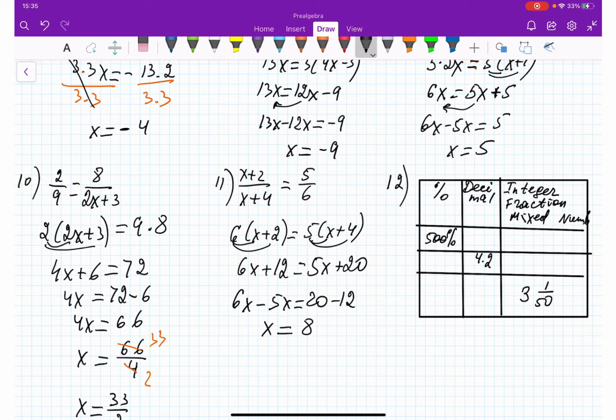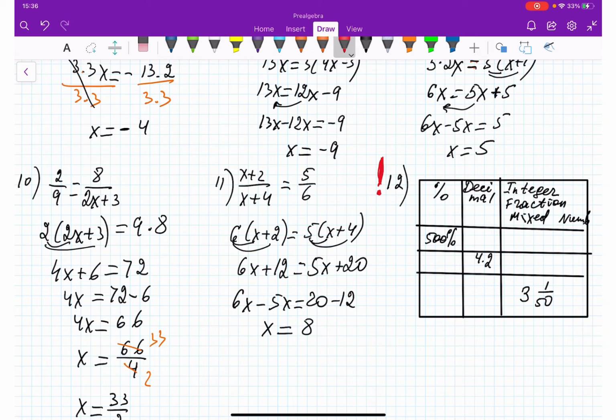Now, this question number 12 is especially important because we are going to use all kinds of conversions. Decimal, mixed fraction, percentage. It's very important. Students are sometimes struggling, so please pay attention and make sure you understand, because there is no way to get 3 and 1 over 50 to percentage right away.